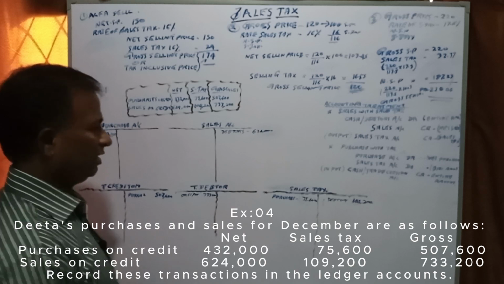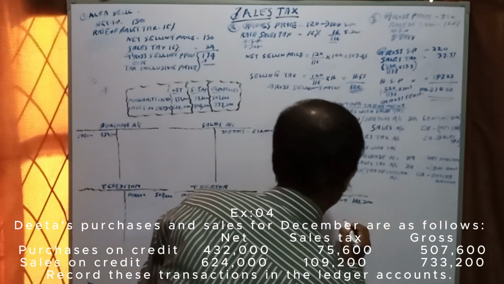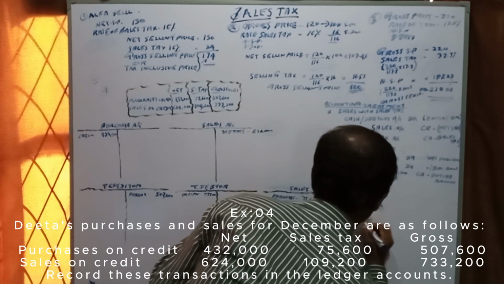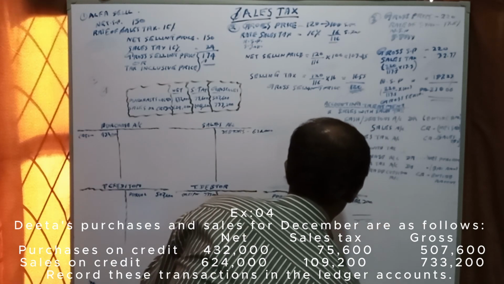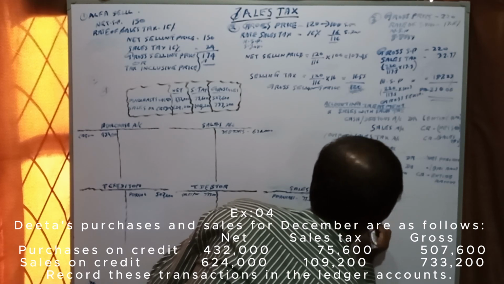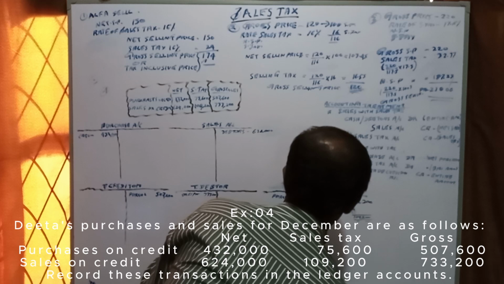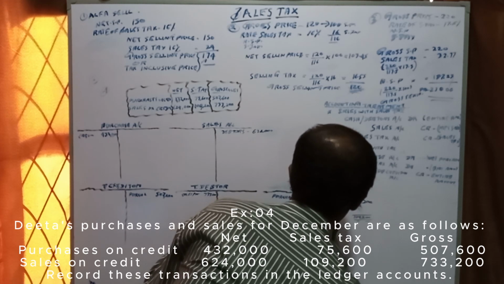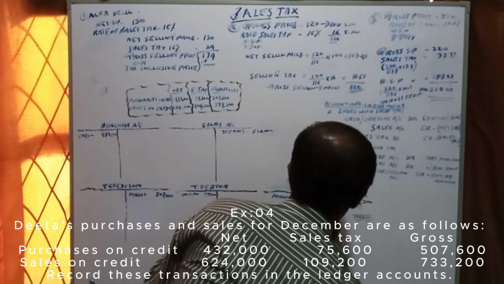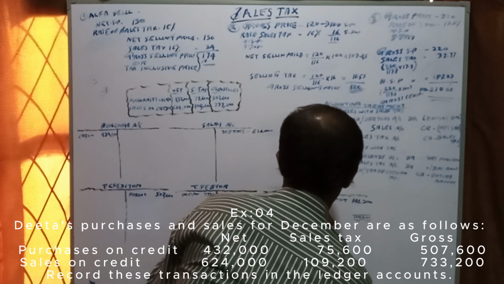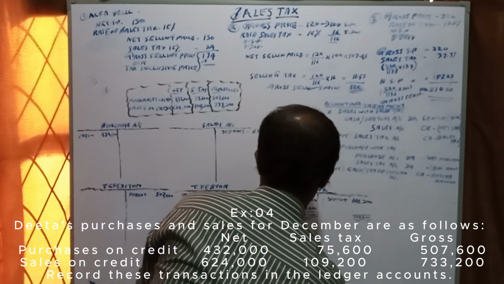Understood? Here the difference is the payable. 104,200, then 30,400 carried down.